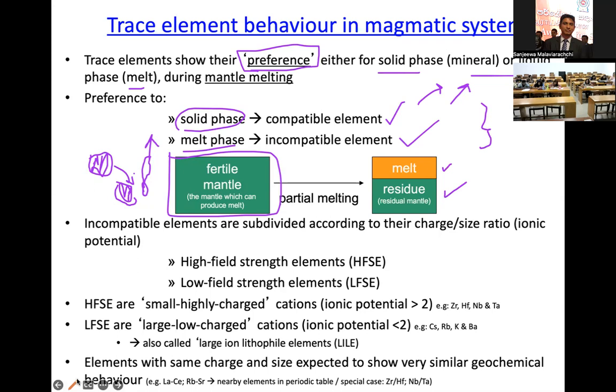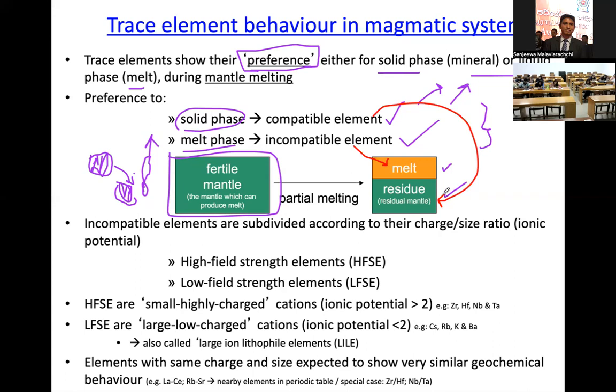Some elements which are more partitioning into the melt, we call incompatible elements. Here, if some elements have the preference to be residing in the residual part, then it's a compatible element.